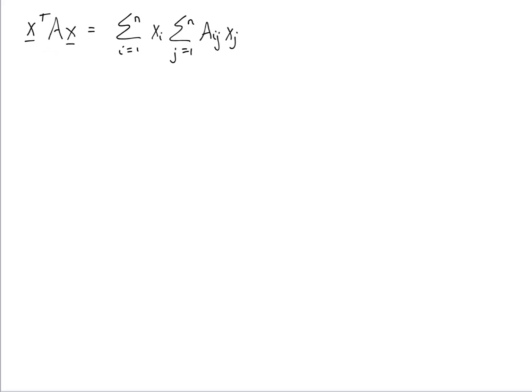Our x transpose A x term we've rewritten in this way, and we're going to think of this in terms of where does x_k appear and where does x_k not appear. Because recall that the main idea here is to take the partial derivative of this expression with respect to x_k, and this is simply a sum of these products x_i and x_j.